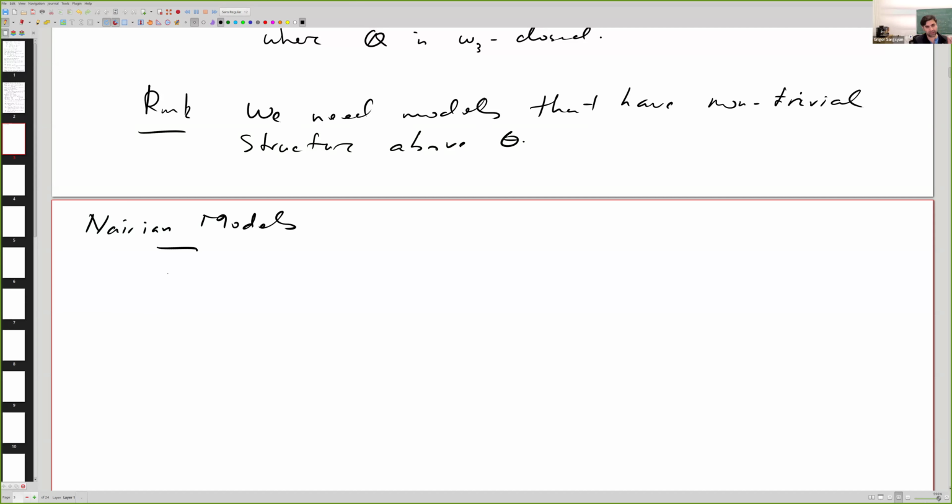So I need to do some definitions. Sorry about that, but we have already seen data. This is a Solovay cardinal.